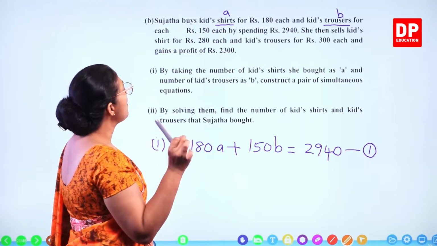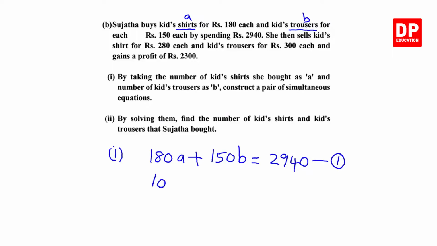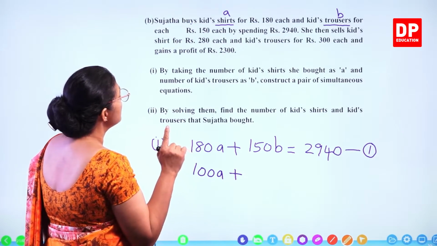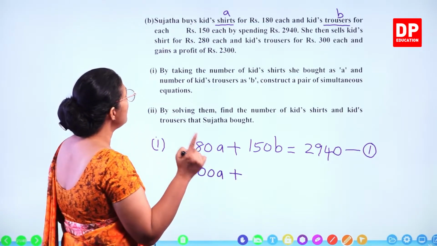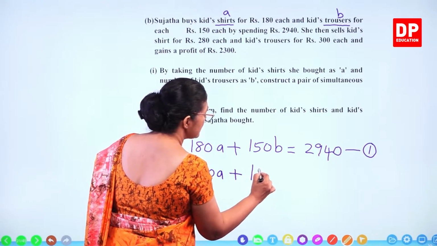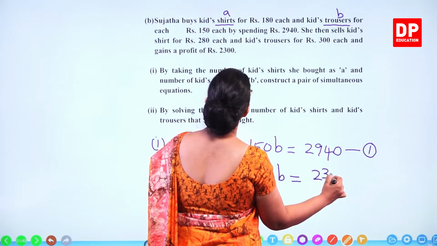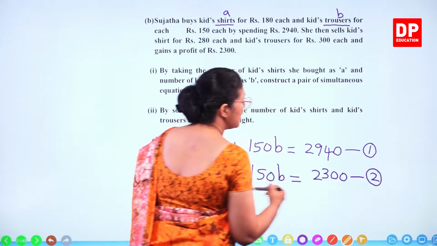So profit per shirt is 100 rupees. 100A, that's the profit from shirts. What's the profit from trousers? Selling price is 300, buying price is 150. 300 minus 150, that's 150B. Then that's equal to 2,300. That's our second equation.